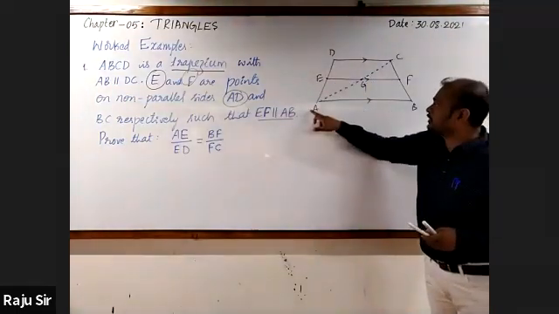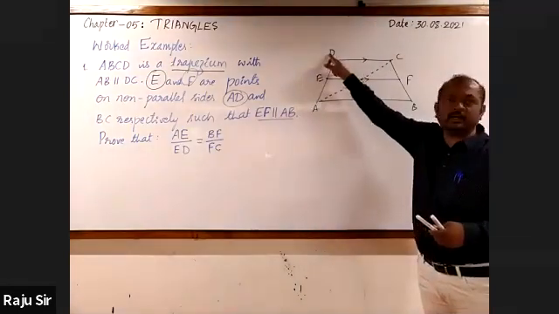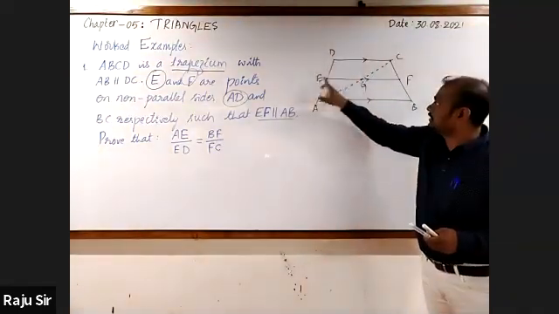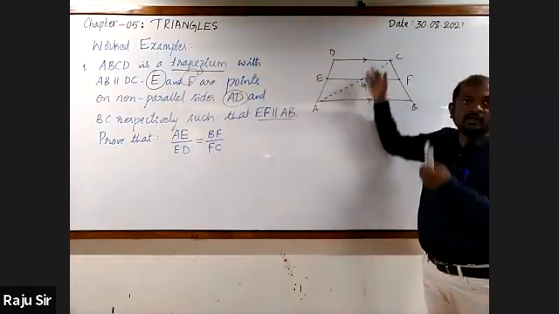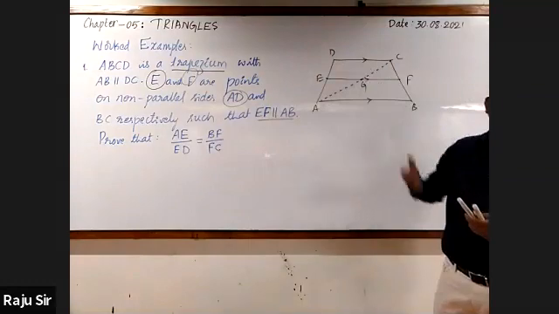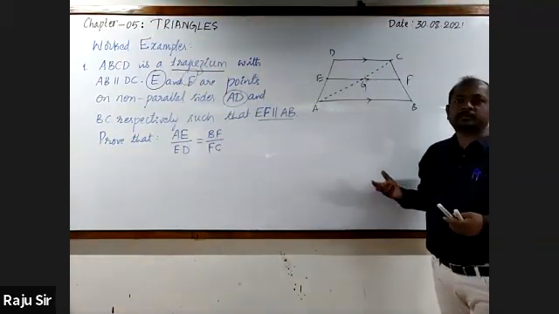Now we got the triangle ADC. In this triangle, EG is parallel to DC. If a line is drawn parallel to a side, it divides the other two sides proportionately.